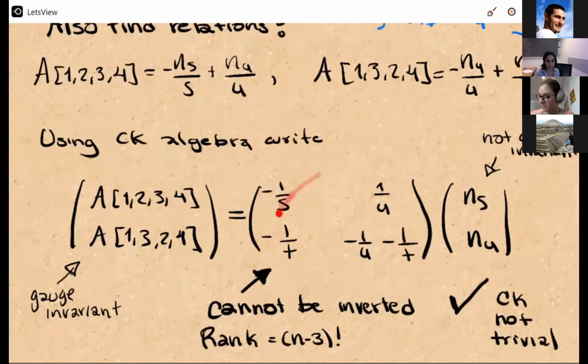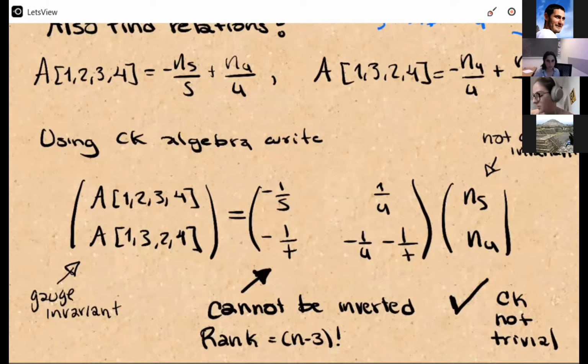And this matrix over here, in principle, if you could just invert it, you could write this non-gauge invariant term in terms of a gauge invariant thing times some Mandelstam variables. But one should notice that in this case, this matrix cannot be inverted. And in general, for Yang-Mills and for the nonlinear sigma model, this should have a rank of (n-3)! for an n-point amplitude. So in our current case, this also only has rank 1.